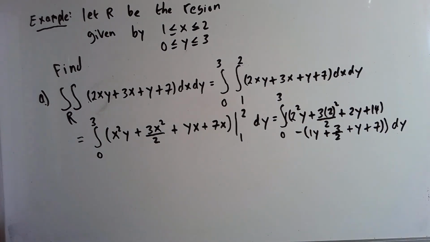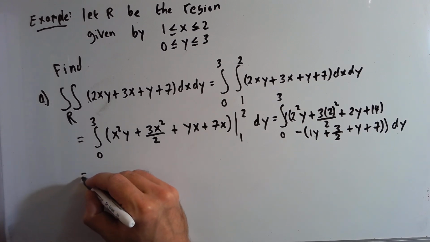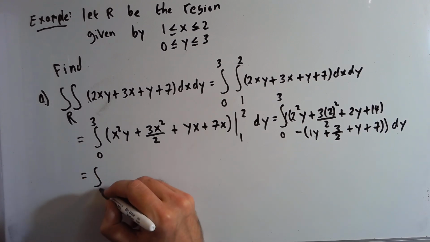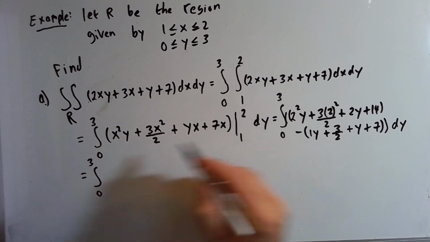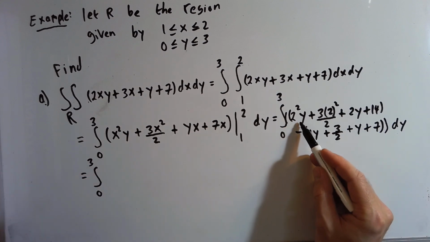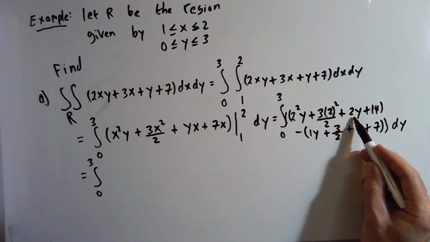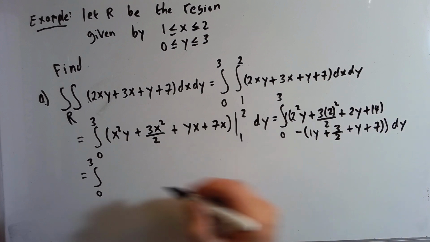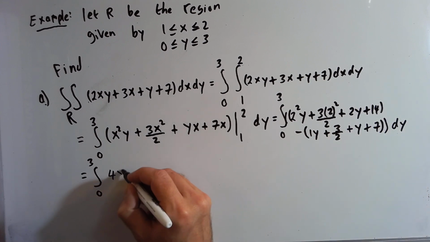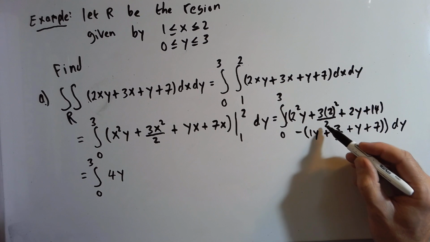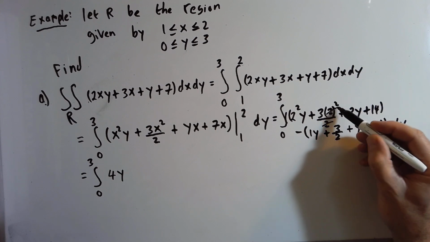Okay, let's bring it down here. So it'll be 0 to 3. You've got a 4y there, and the 2y's will be 6y, then minus 2y, so it'll be 4y. And then this 2 will cross off with the 2 up there.